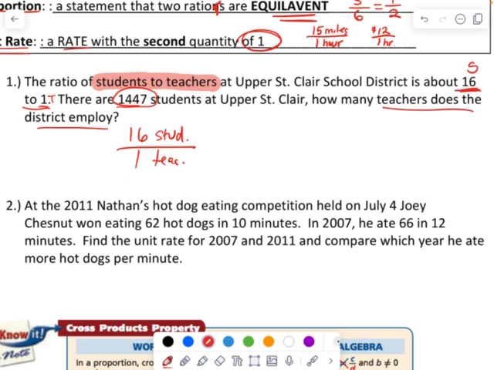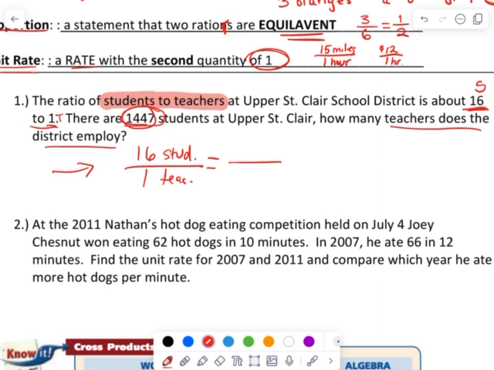We can abbreviate. Since there are 1,447 students, how many teachers does this district employ? We're actually going to use our unit rate right here, 16 per 1, but set up a proportion and make another ratio. Well, 1,447 students. Note that my students are on top here, so I'm going to write my label students, and then of course this would be teachers. 1,447 students.